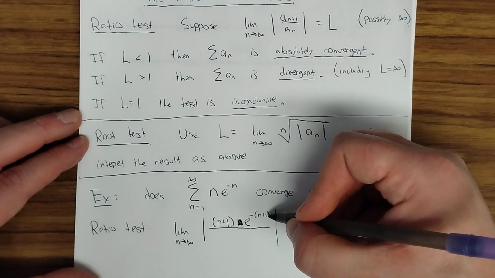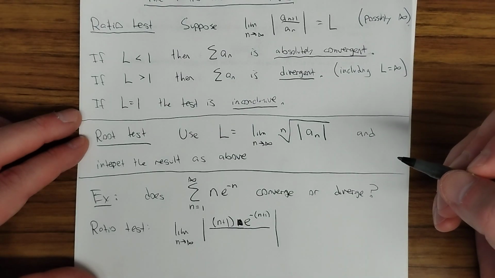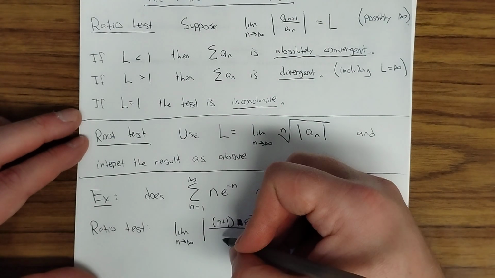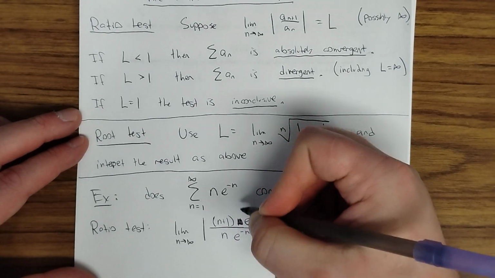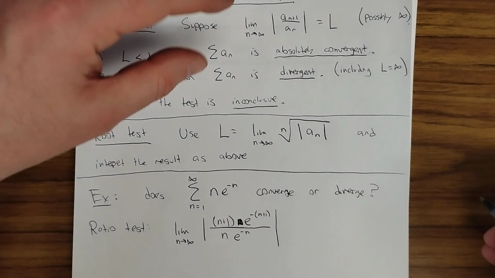And notice I used parentheses here because this is actually going to turn into negative n minus 1. So sometimes these parentheses are important. Anyway, on the bottom of this fraction is just a sub n, so I just copy this down. Okay, now we have a limit to find.